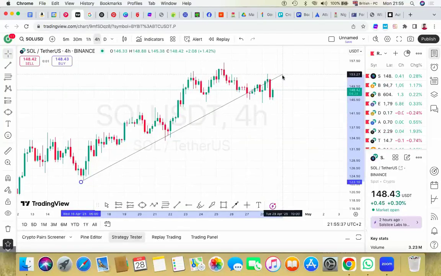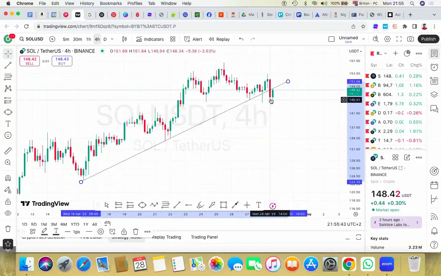That's actually broken beneath it, right? If I drew it very well, you can see it has broken. In fact, it has retested it. So if it doesn't break above this again and move in an upward direction, we know that there's a change in trend right now.